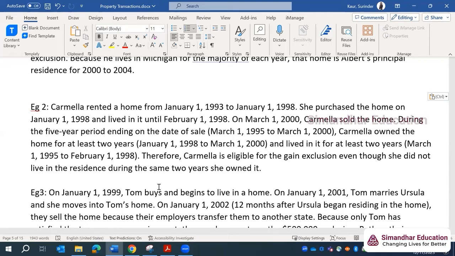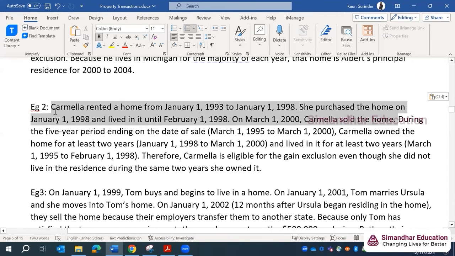On March 1, 2000, Carmela sold the home. So in this example, you see the use and the ownership period are not the same. But does she satisfy both the ownership requirement and the use requirement during the 5 year period ending on the date of the sale? She does, right?